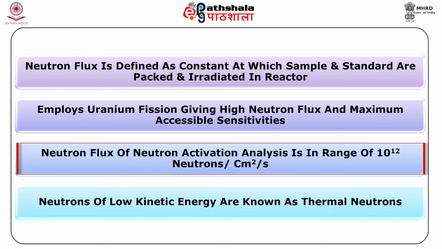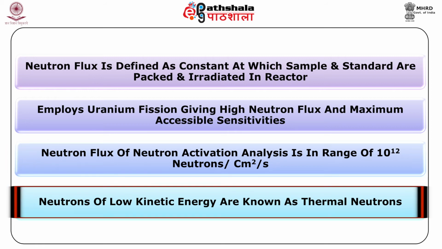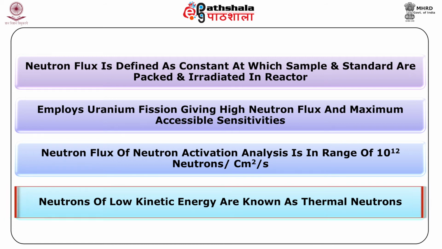The neutron flux of a neutron activation analysis is in the range of 10^12 neutrons per centimeter square per second. The neutrons produced are generally of comparatively lower kinetic energy, of the order of 0.5 electron volts. The neutrons of low kinetic energy are also known as thermal neutrons.